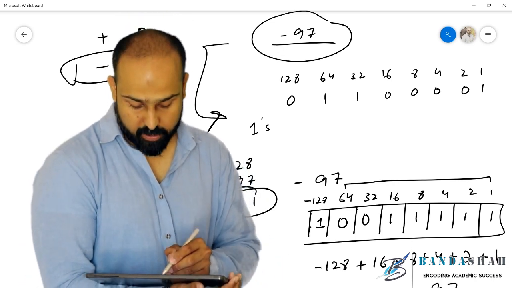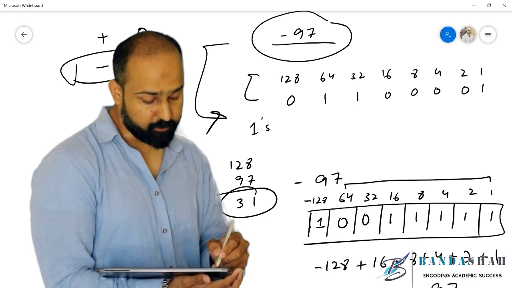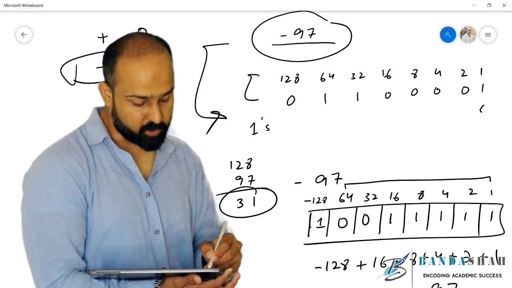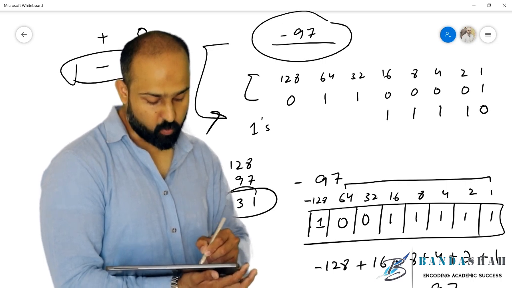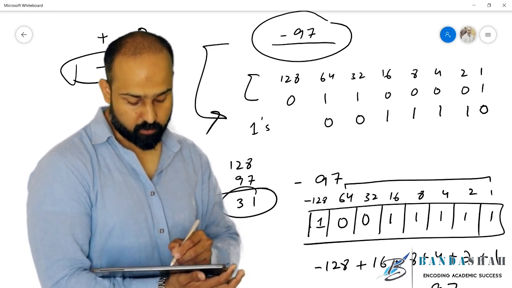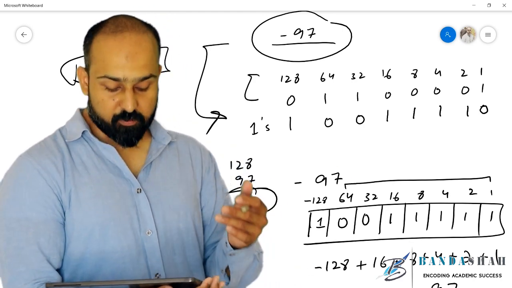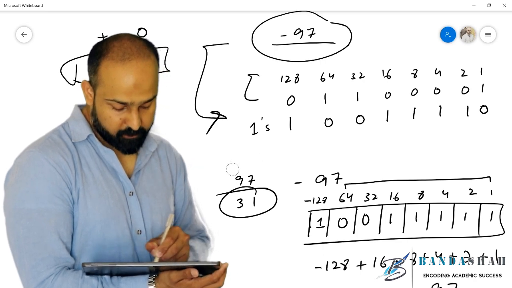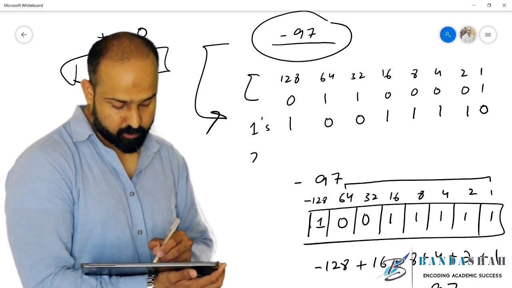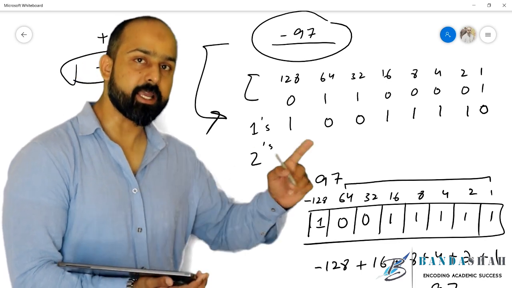We have it here. Now flip every bit. For example, this is 1, it's flipped to 0. 1, 1, 1, 1, 0, 0 and 1. Every bit is flipped. After flipping the bits, what does 2's complement mean? 2's complement means adding 1 at the LSB.